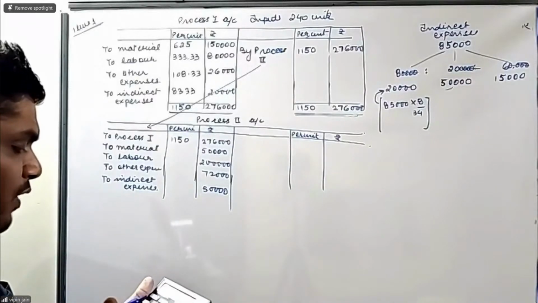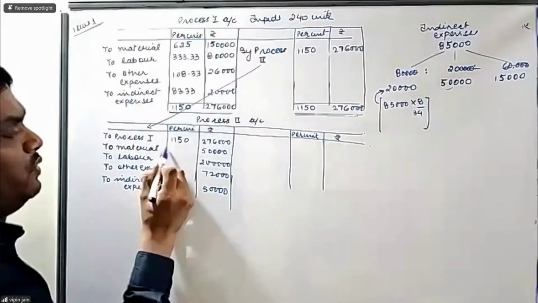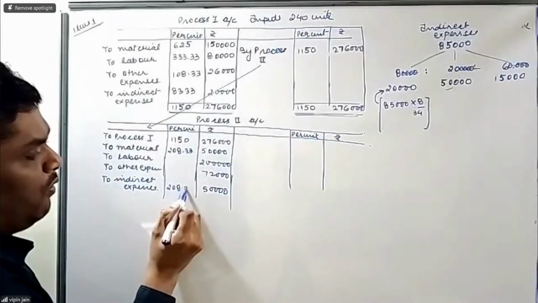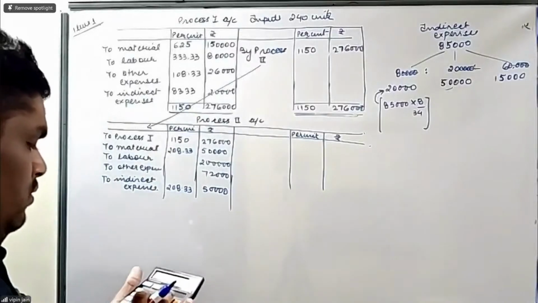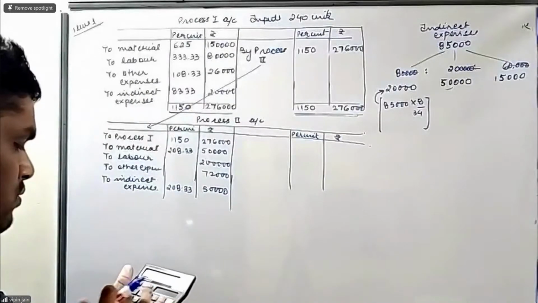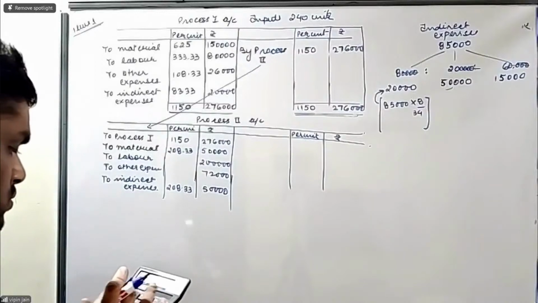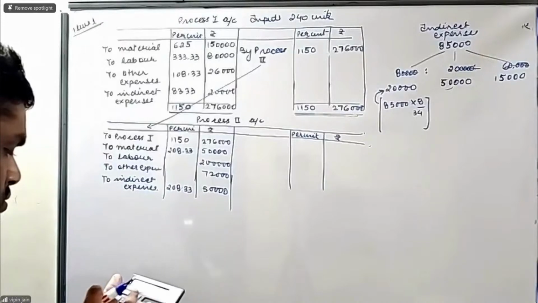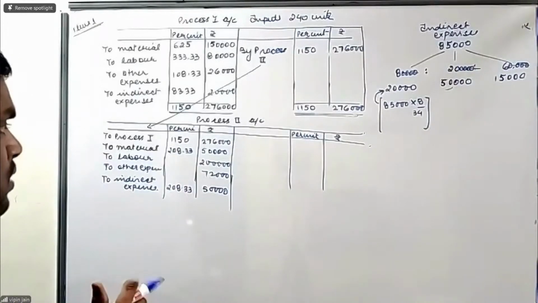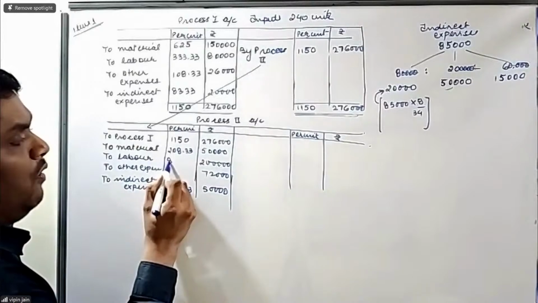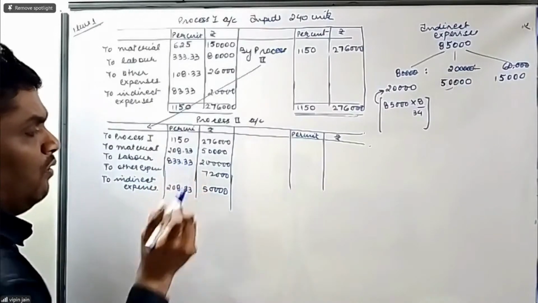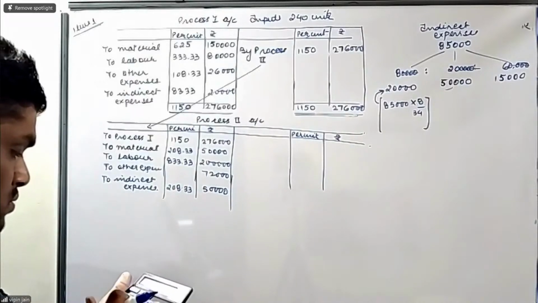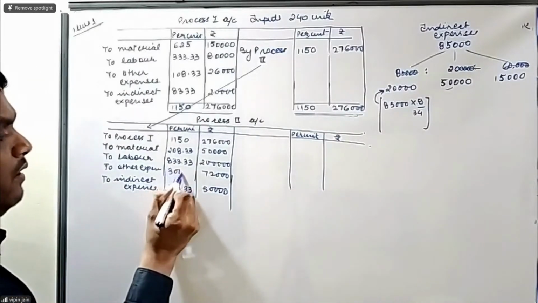Everything divided by 240. So this will be 208.33. This will be 300.